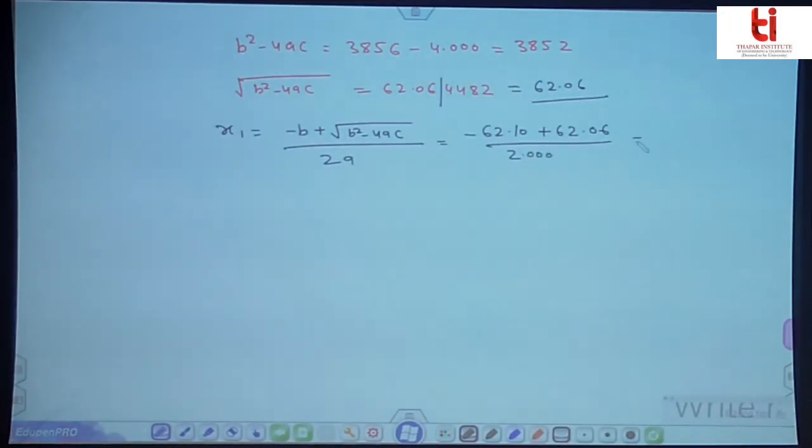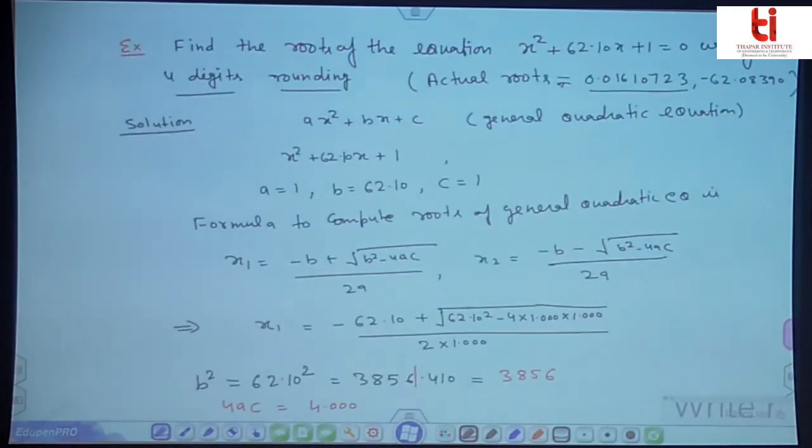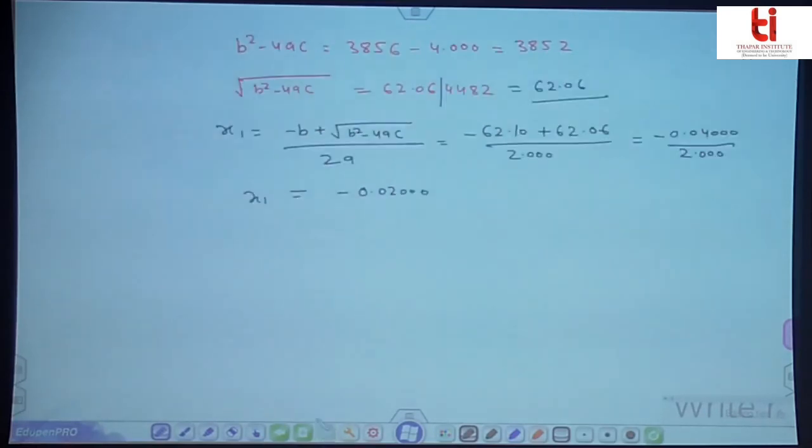The value is coming out to be minus 0.04 upon 2.000, which is minus 0.02. This is x1. We are getting a poor approximation to the exact root. The exact root is given to you here, 0.01610723, and here we are getting this root.